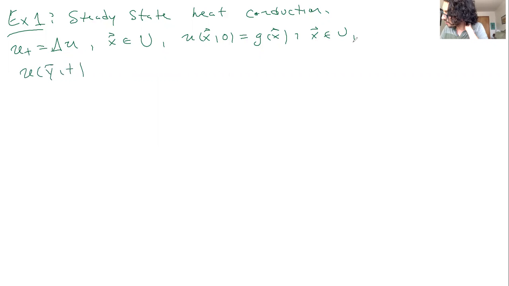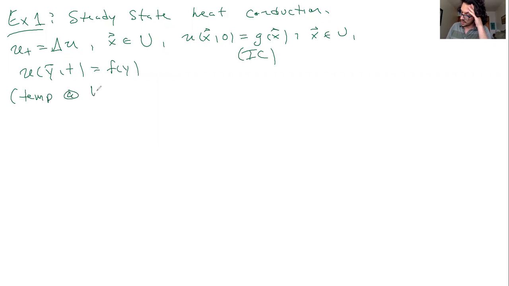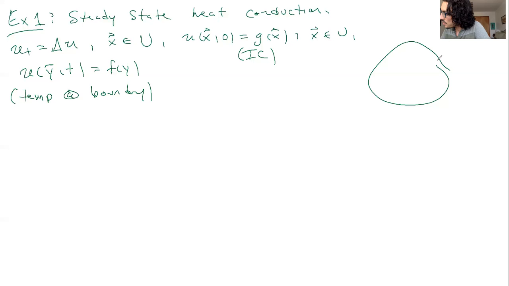So this is our IC here, and our boundary condition. This could be like the temperature at the boundary. Maybe you have some shape, you're heating a potato or something like that in the oven. The oven gives you the temperature of the potato on the outside here, and it's seeping in. And so you have f of y here.